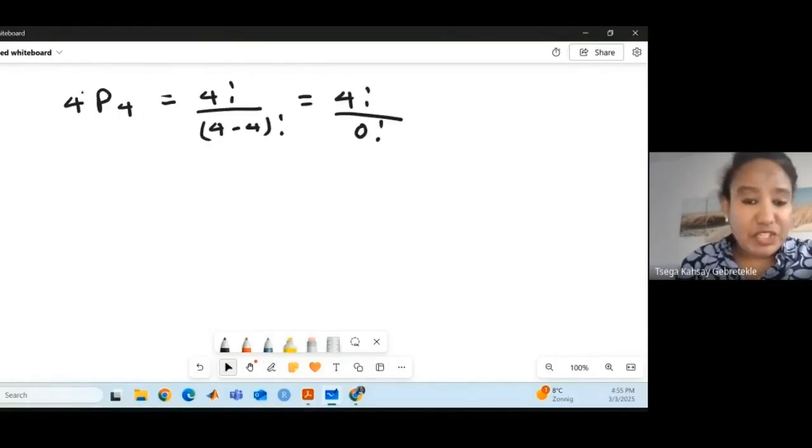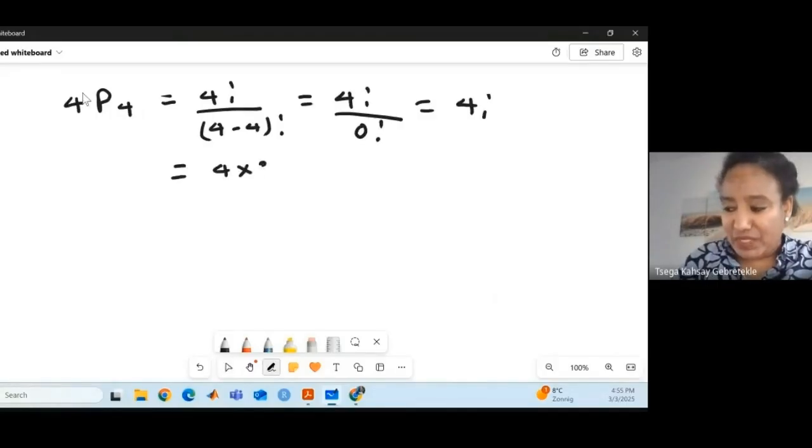By definition, 0 factorial is 1. So this will be 4 factorial, which is 4 times 3 times 2 times 1, and that will be 24.